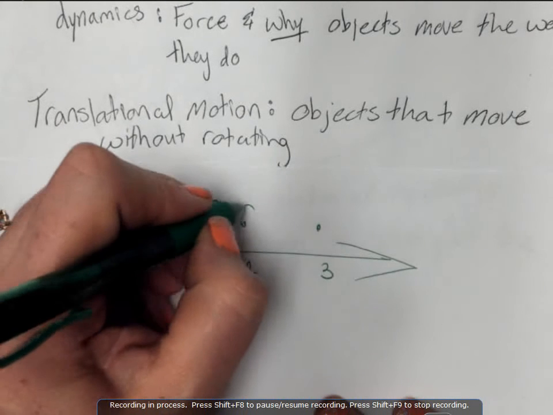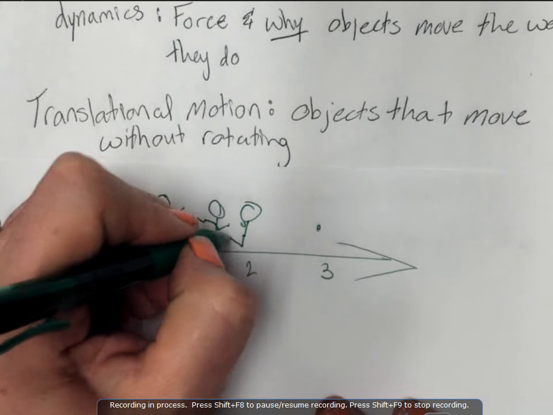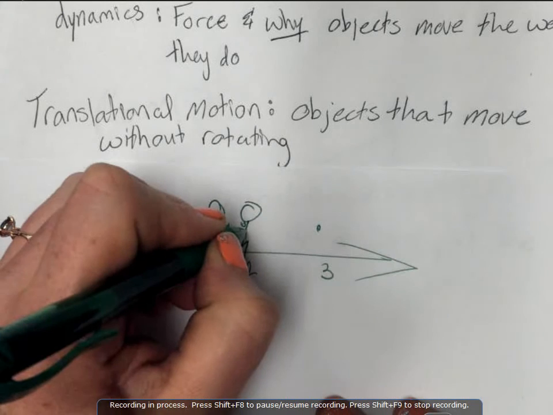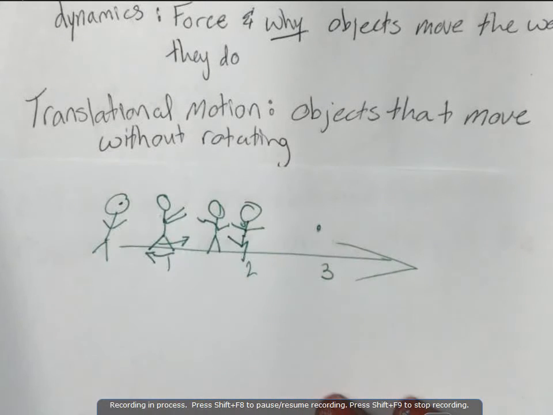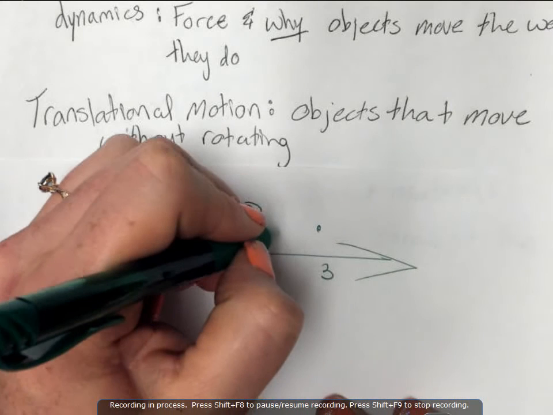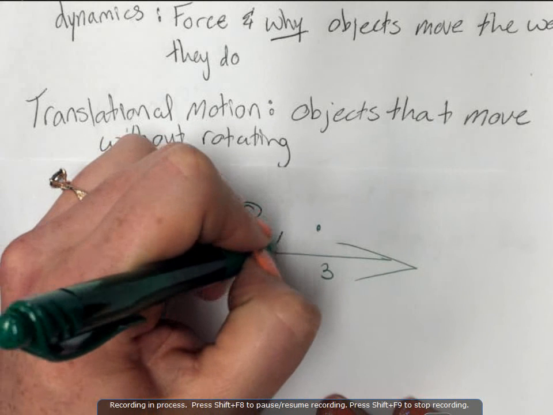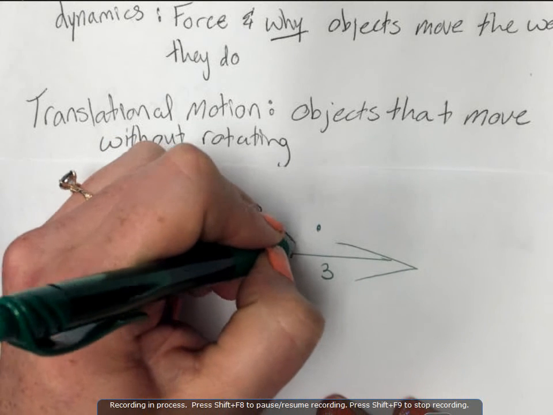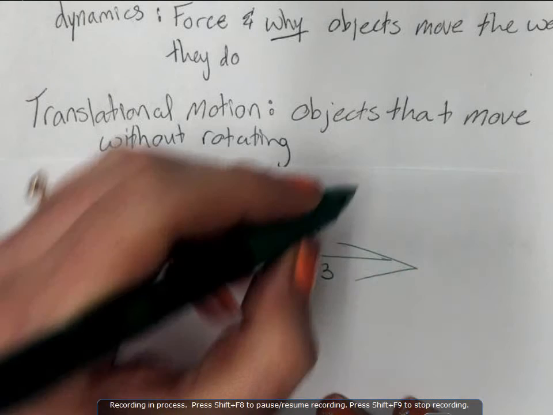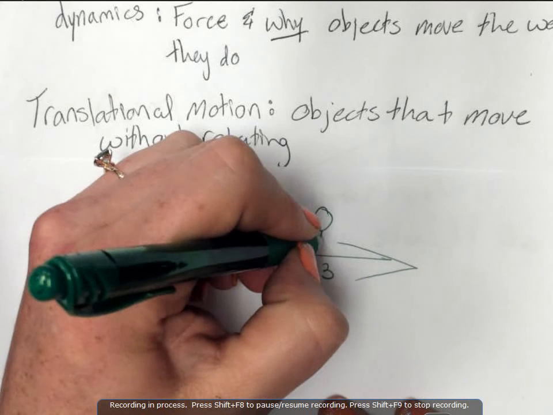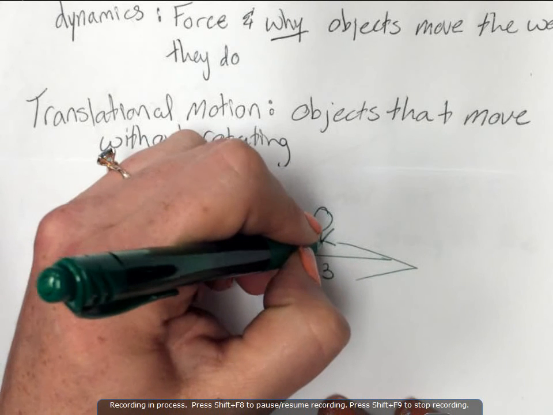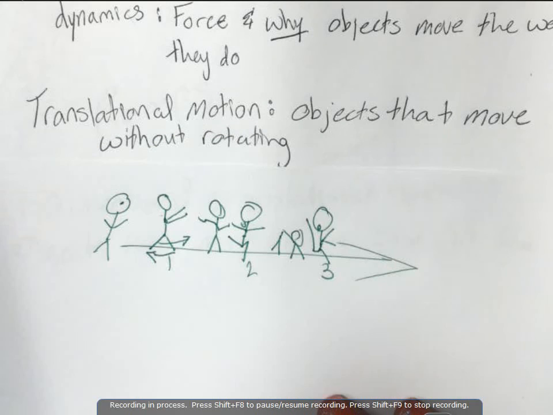Maybe even at this position you've got a leg up in the air and this leg down, and that arm goes there. And then maybe here you're standing, but then you bend over and you put your hands on the ground, and then you stand up, right? And you trip, and this leg goes way up in the air.